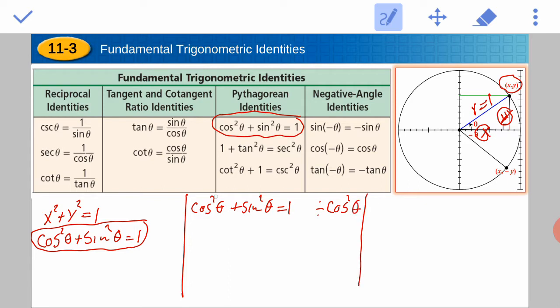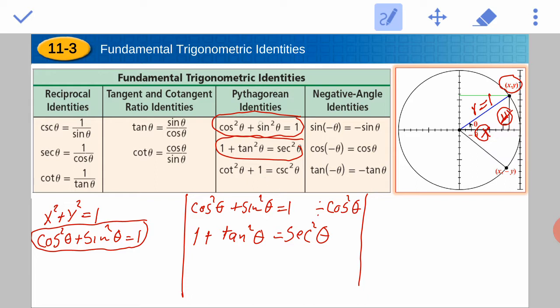If you divide cosine squared by itself, you will get 1. If you divide sine squared theta by cosine squared theta, sine over cosine is tangent, so this is tangent squared theta. And finally, 1 divided by cosine squared, the reciprocal of cosine is secant, so this is secant squared theta. This is exactly the second Pythagorean identity.